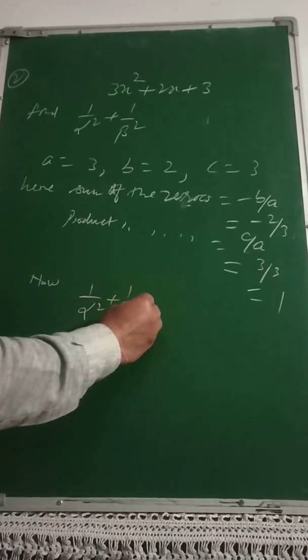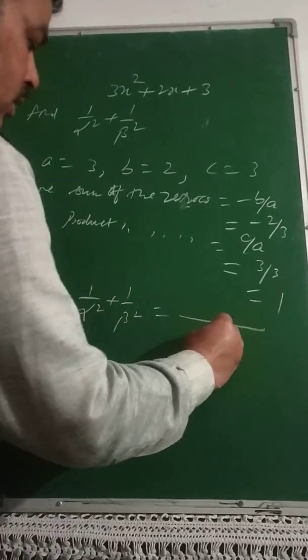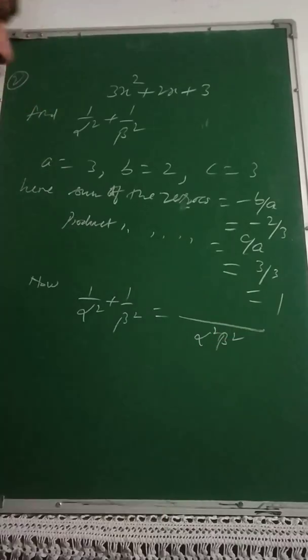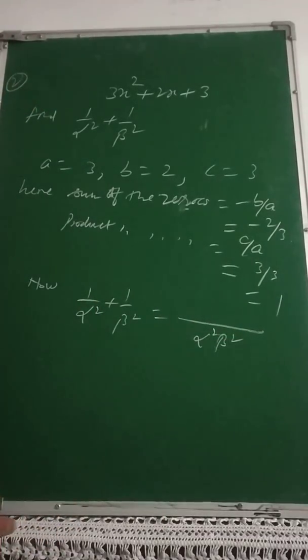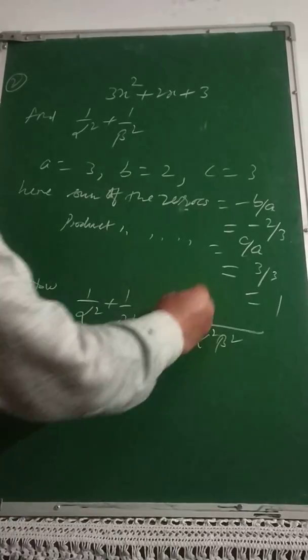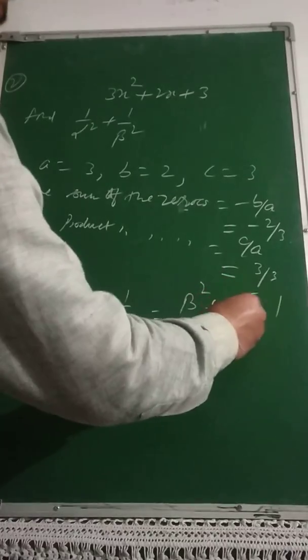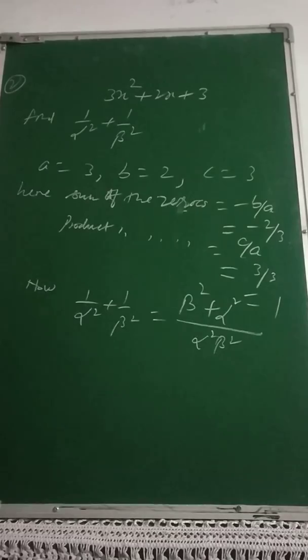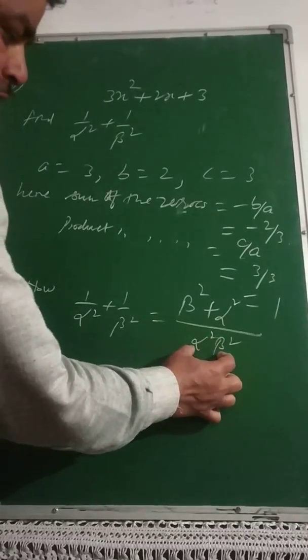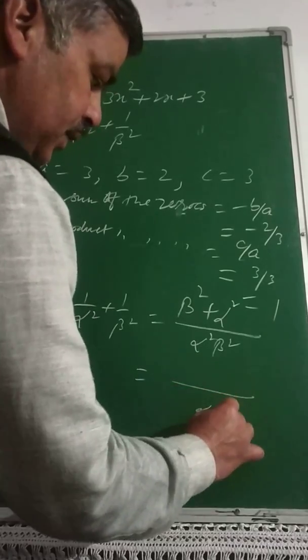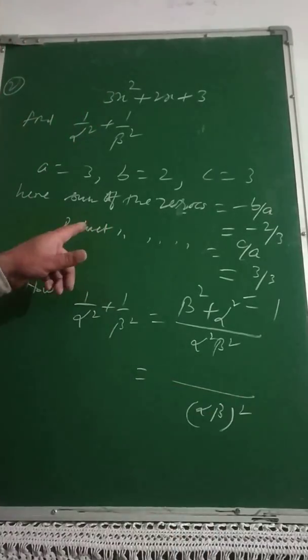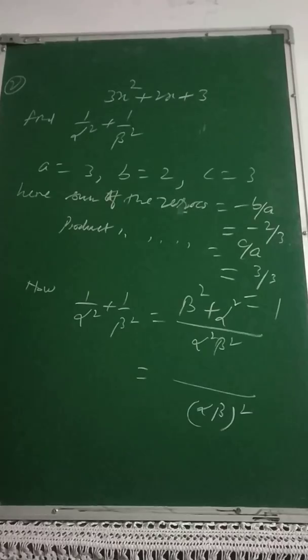Now if you solve this, 1 upon alpha square plus 1 upon beta square, if you take the LCM, this becomes alpha square beta square, and in your numerator you will be getting beta square plus alpha square. So the denominator is in the form of the product alpha into beta, so I can write it as alpha beta whole square, because the product is available with me, that is 1.